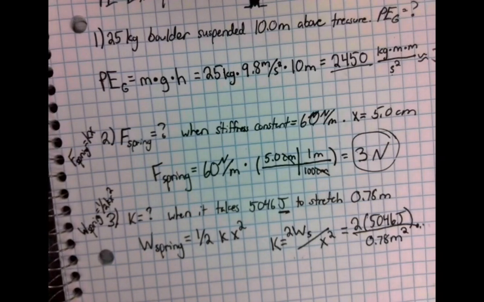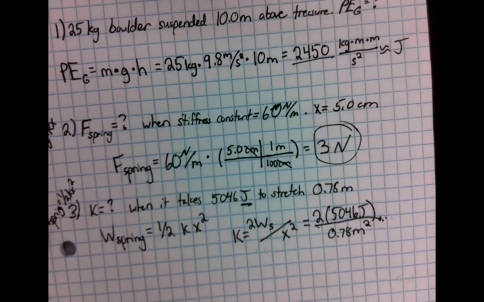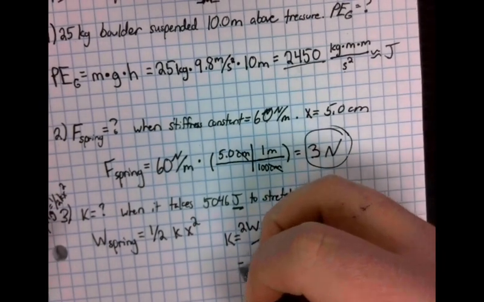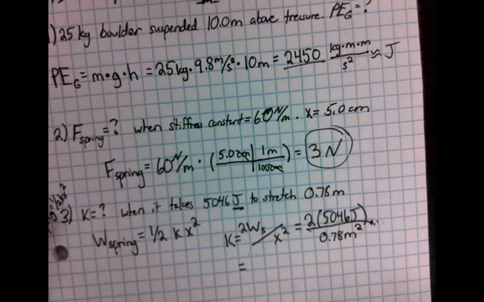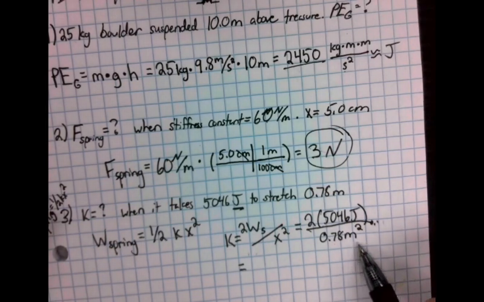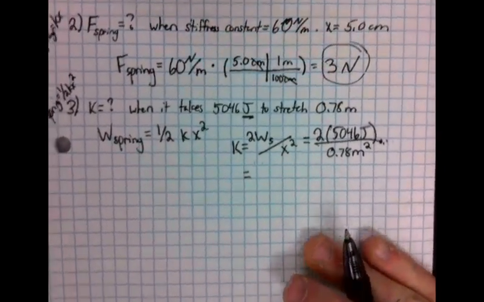We'll plug this into our calculator: 5046 times 2 divided by, I'm going to put it in parentheses, 0.78 squared. I get a spring constant that is pretty massive, which is probably unrealistic. Notice I didn't need to convert because it was already in meters in this case.